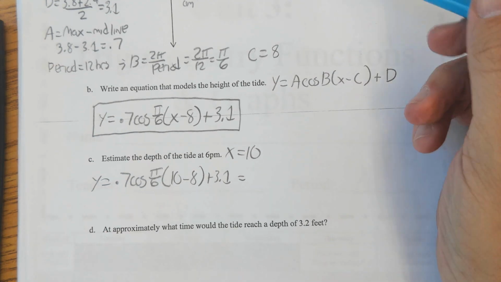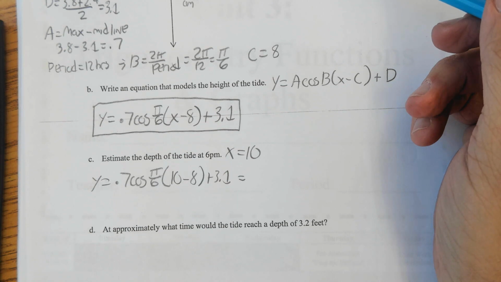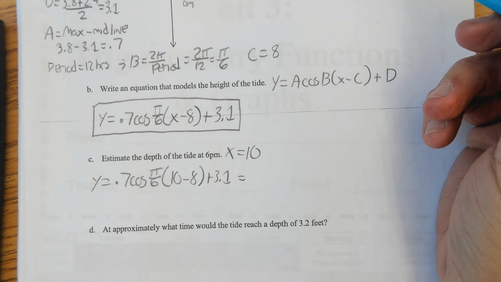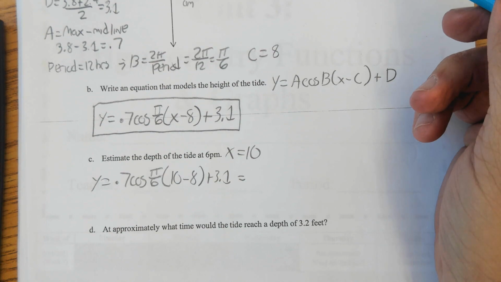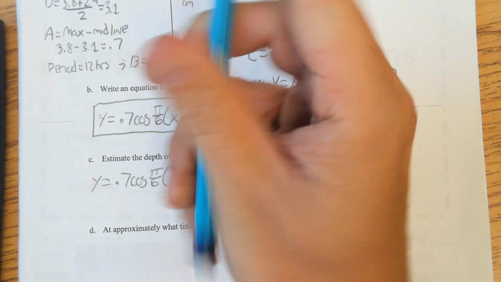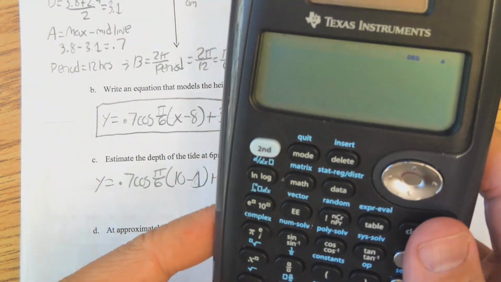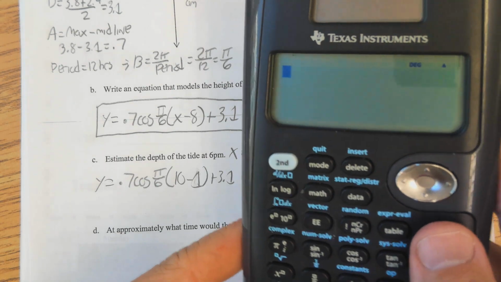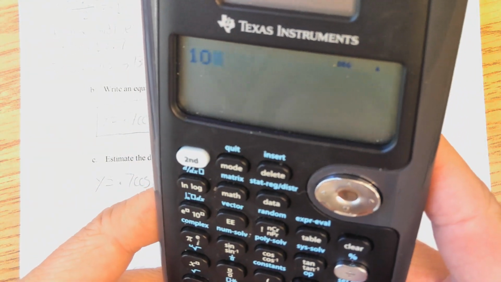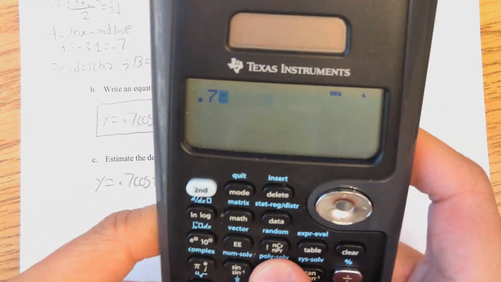How many hours? So 10 hours there? See, maybe since that's the first hour there, let's see what happens if I change that to a 1 here. Sorry guys. See what I get if I do that.